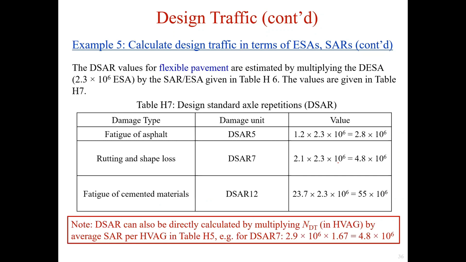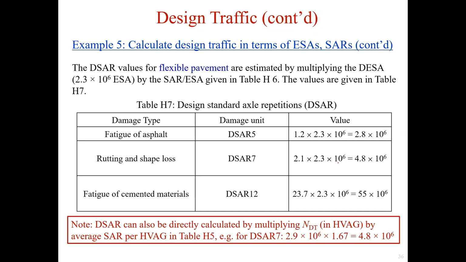Apart from DESA, if we want to calculate DSAR5, DSAR7, and DSAR12 for flexible pavement, we are able to multiply the DESA by the corresponding SAR over ESA values from table H6. The resulting values are given in table H7.